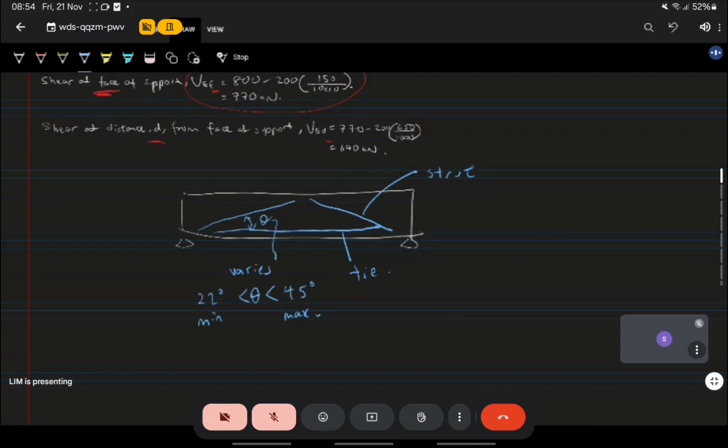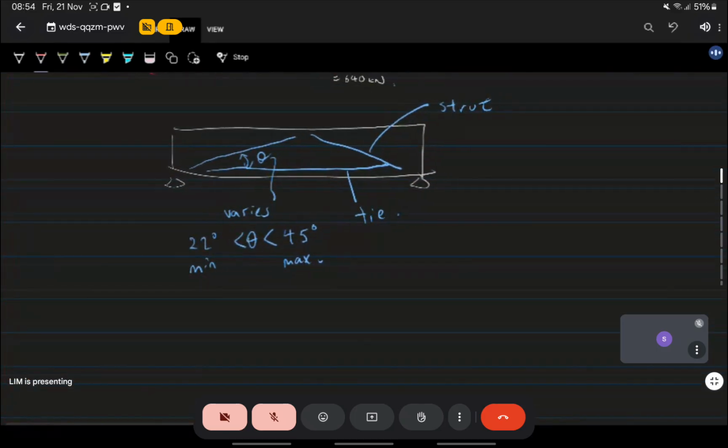We don't know which one it is. It depends on the loading and the dimensions of the beam, so we have to do a bit of trial and error.